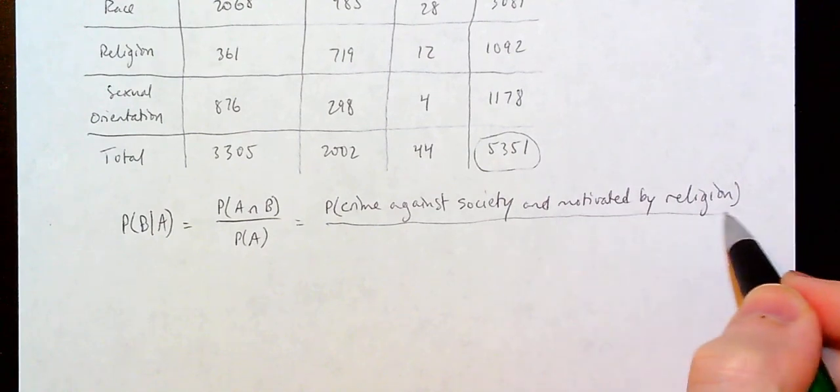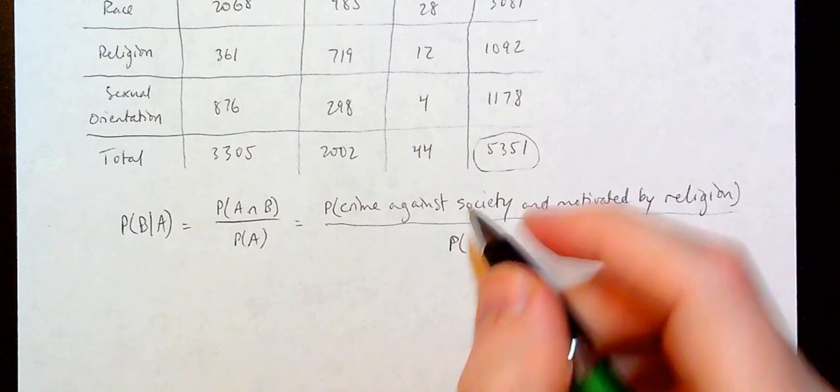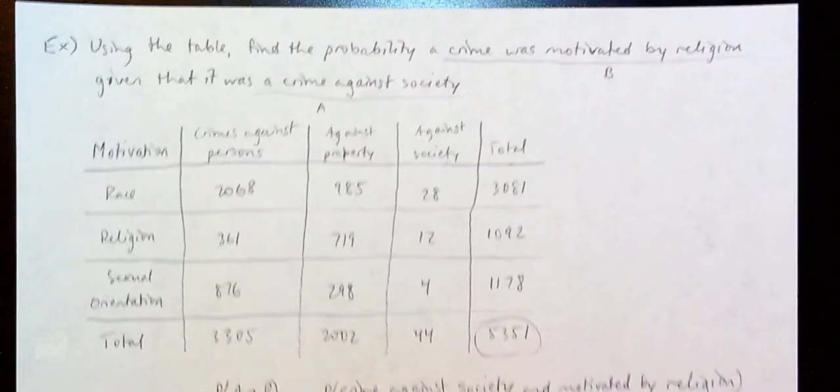That long thing divided by the probability of A, the probability that it was a crime against society.